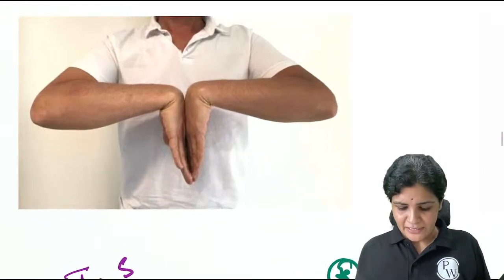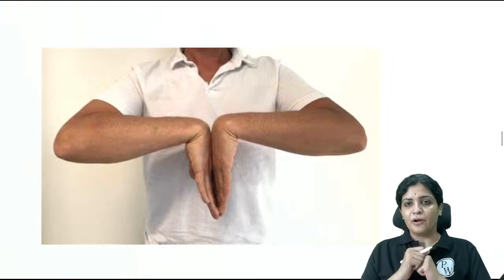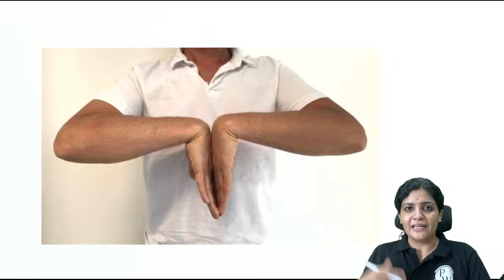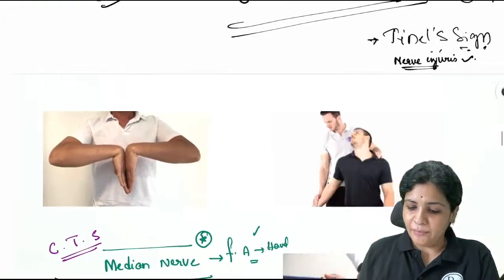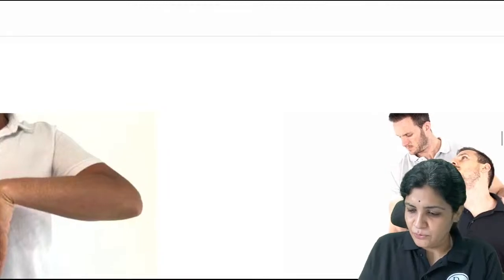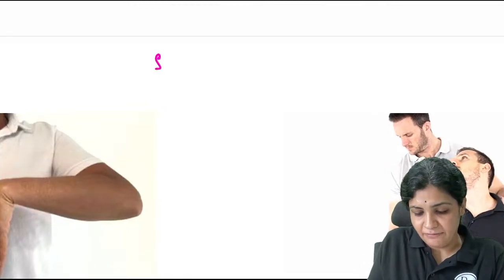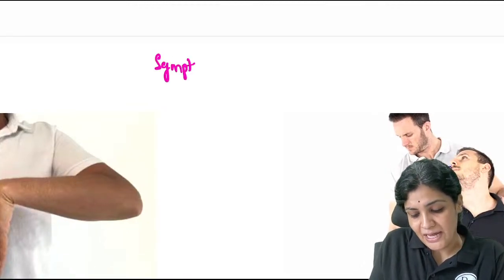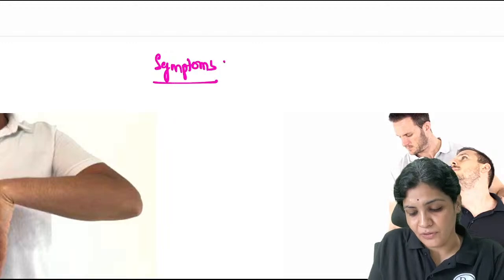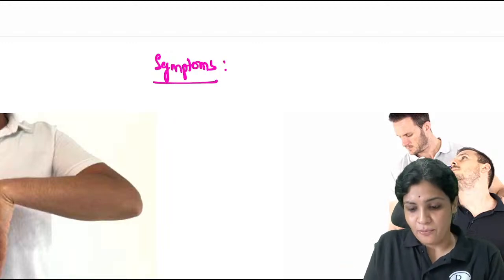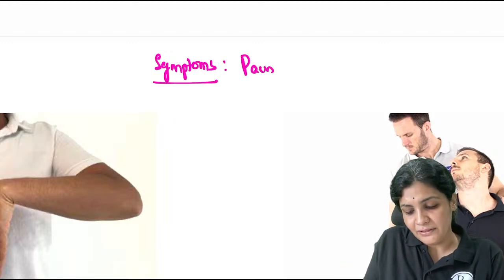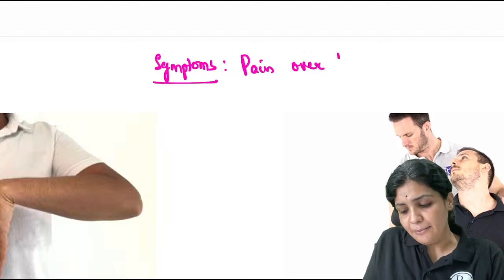So now, what is this test? Till now, we have discussed the symptoms and signs of the median nerve. And before that, I want to tell you how the patient presents to us when they have carpal tunnel syndrome. The first and foremost thing would be pain and some discomfort over the wrist joint.